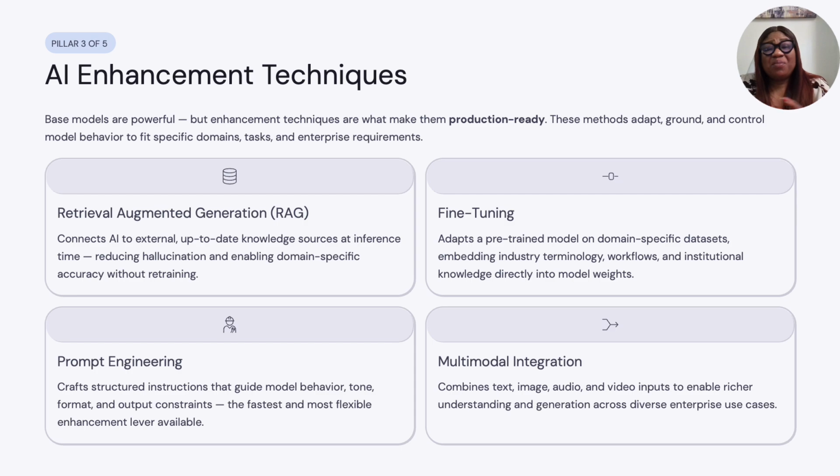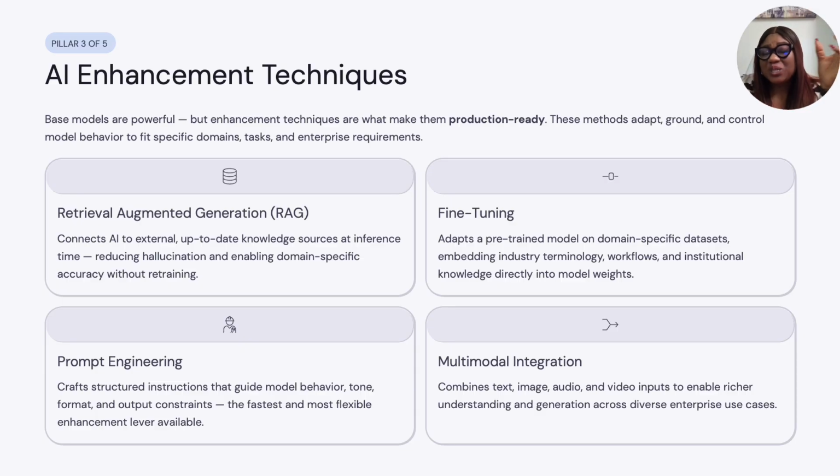Even though modern models are powerful, they are not perfect out of the box. This is where enhancement techniques come in. Enhancement techniques help adapt models to real-world environments. For example, RAG, or retrieval augmented generation, connects our model to external knowledge sources so that it can access updated information.